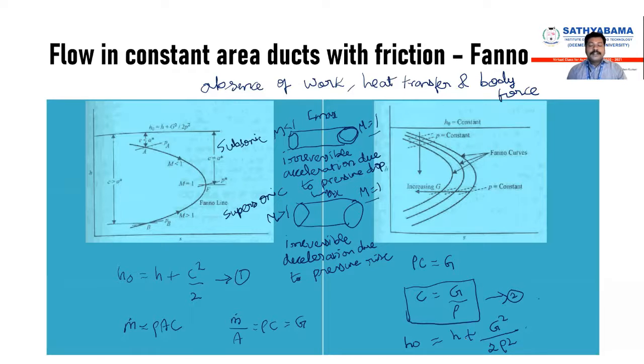So your total enthalpy for the Fanno flow is H plus G square by 2 rho square. Your G and rho for subsonic flow are said to be constant. But what happens due to the pressure drop? Density drops. So what happens to the enthalpy? Your enthalpy increases for this.